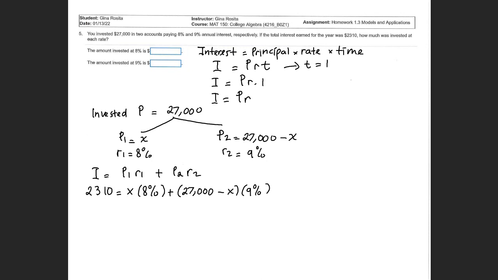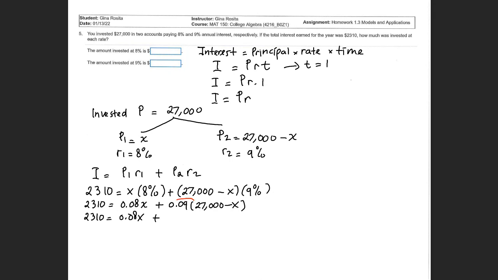2,310 equal, I just write it with decimals, 0.08x plus 0.09 times 27,000 minus x. Now we solve. Remember the distributive property.